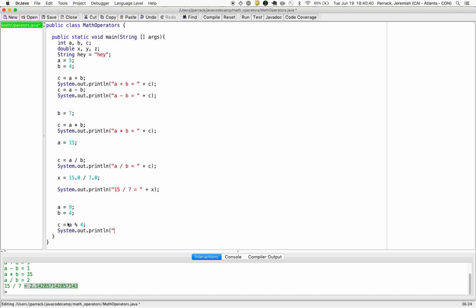Let's say A modulus B equals, close our parentheses, add that plus sign, and put C.